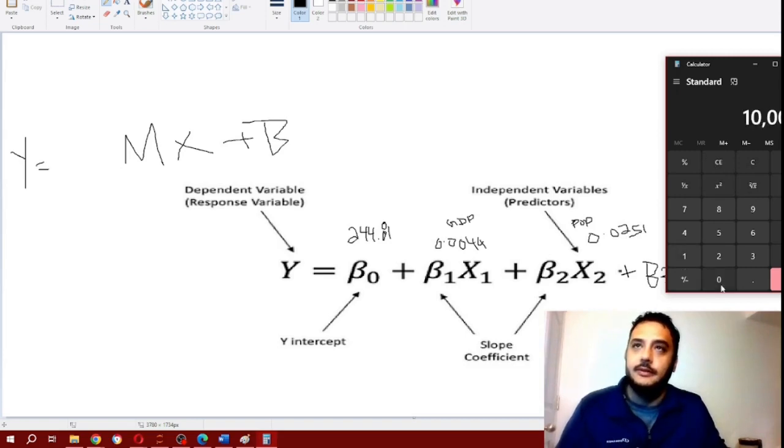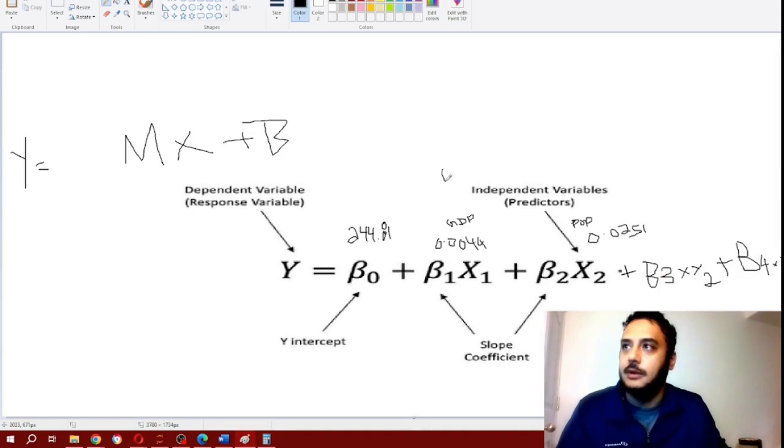So the way it works is $1 billion GDP, or $1,000 million GDP, times the slope coefficient, which is 0.0044. All right, very good. So that's 4.4. Let's just remember that.